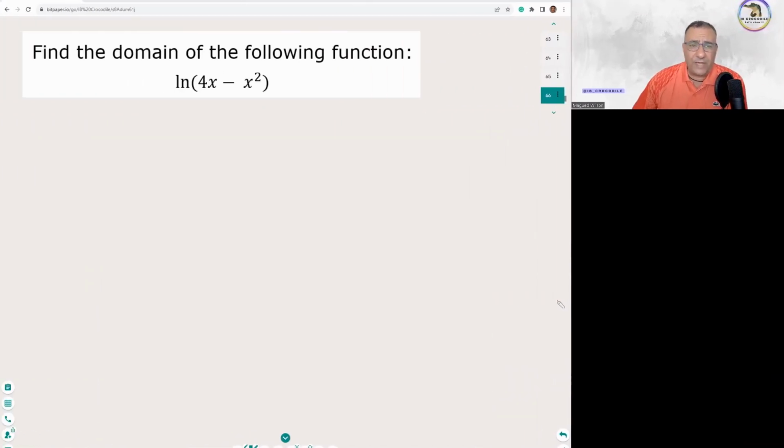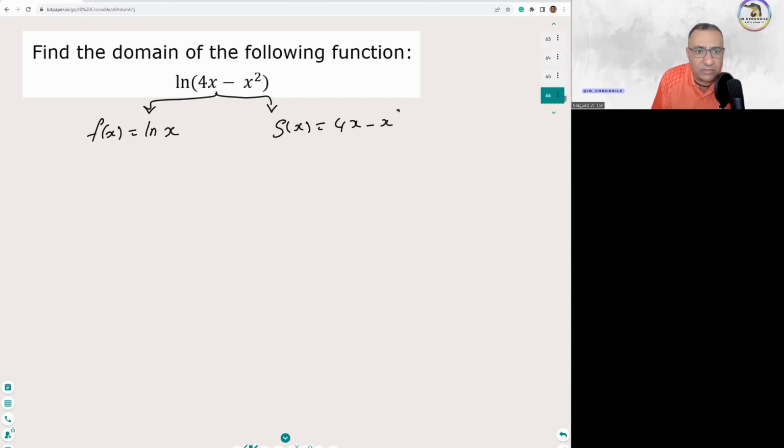Another example of application of quadratic inequalities, again, the domain of a certain composite function. So what do we have here? We have ln of 4x minus x squared. I could look at this function as a composite, a chain of two functions. Maybe the parent function is ln x, and g of x is the inner function, 4x minus x squared.